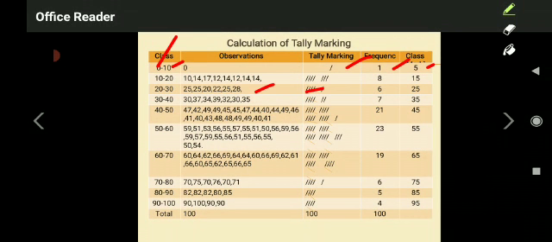So in the first tally bar there are 5 observations, and for the remaining 3 I have mentioned 3 lines over there. So the total number of frequencies is 8 in the 10 to 20 class interval. I hope you understood, my dear students.